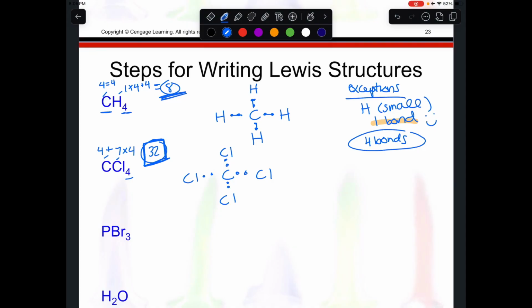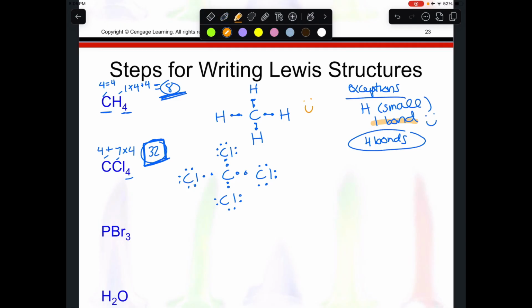Now, the difference with our first structure is that hydrogen was happy with only 1 bond, but chlorine right now isn't, because it needs to have 4 bonds or 8 electrons around it. So we need to utilize our extra electrons to fulfill the outer ones. So we've used 8. 9, 10, 11, 12, 13, 14, 15, 16. So you're going to keep filling this in. They each get 3 sets of lone pairs, and then that extra bond they're connected to carbon with will fulfill their 8.